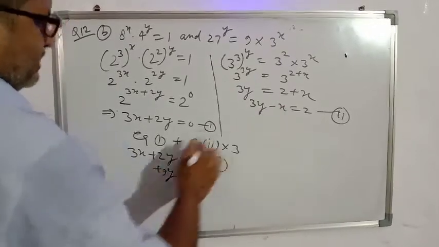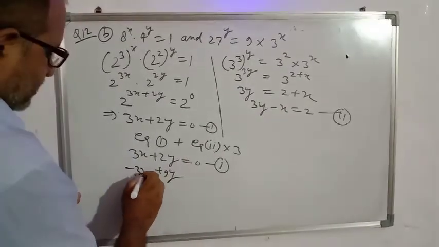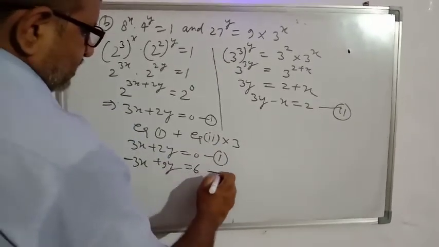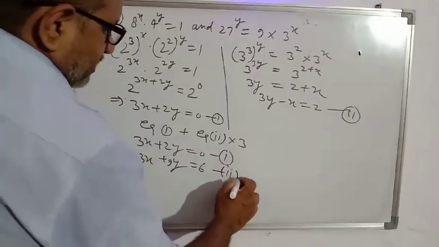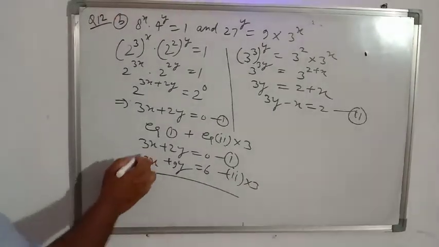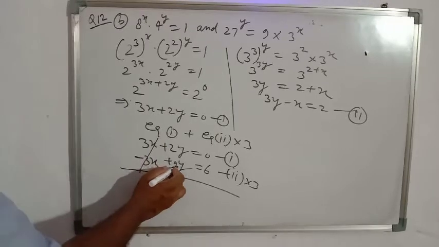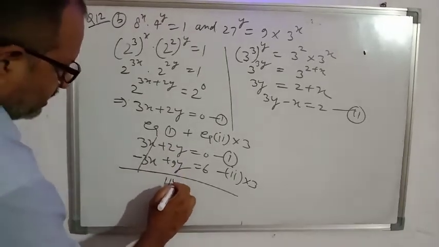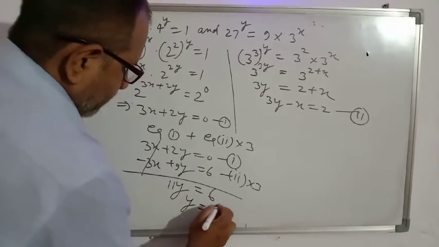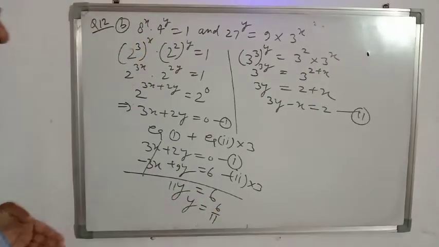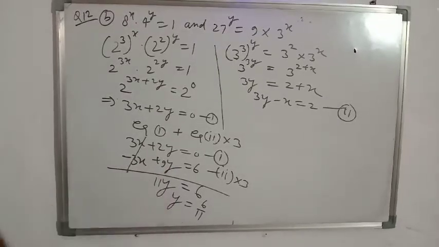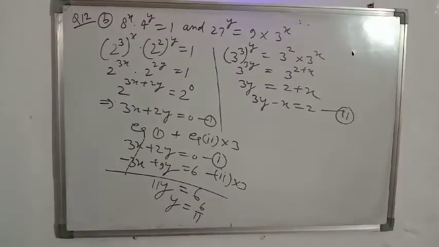And 3 into minus x, minus 3x. Right side, 3 times 2 is 6. This is the second equation multiplied by 3. We have to add it. Plus 3x minus 3x cancel. 9y plus 2y, 11y is equal to 6. What will be y? 6 by 11. The value of y is equal to 6 by 11.